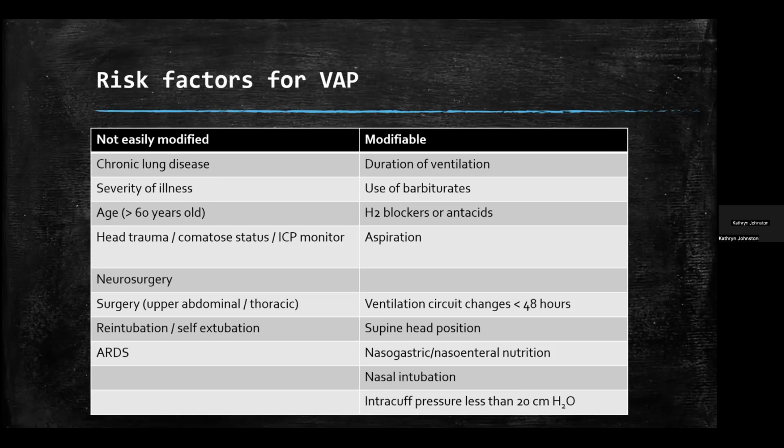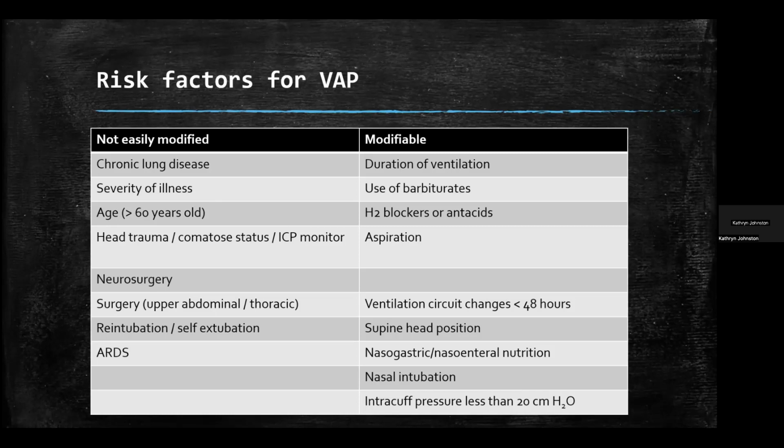So chronic lung disease provides increased risk because of the already compromised lung tissue. When you talk about the severity of illness, this is a score that's used to measure the overall risk. Persons over 60 years of age are at higher risk of developing ventilator-associated pneumonias if they're intubated and ventilated.